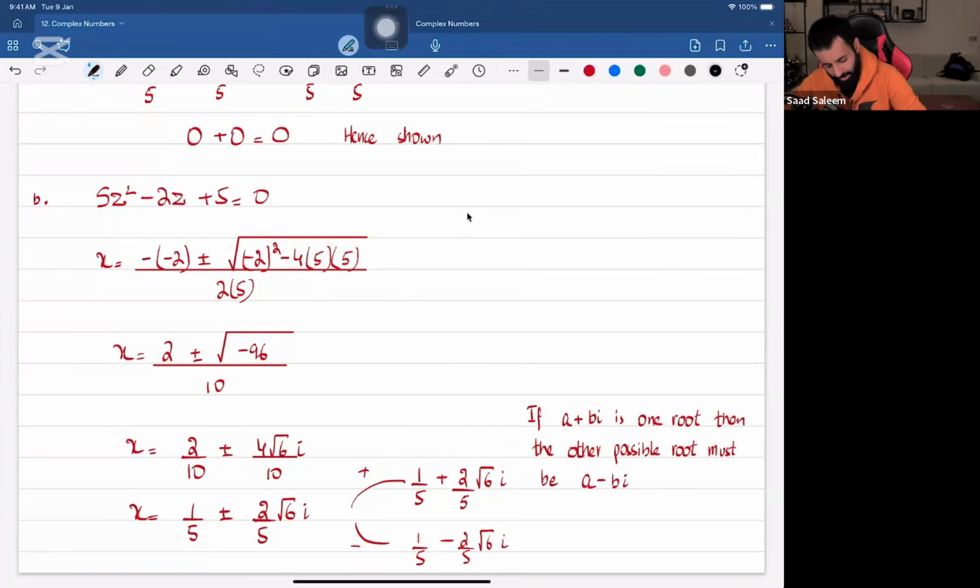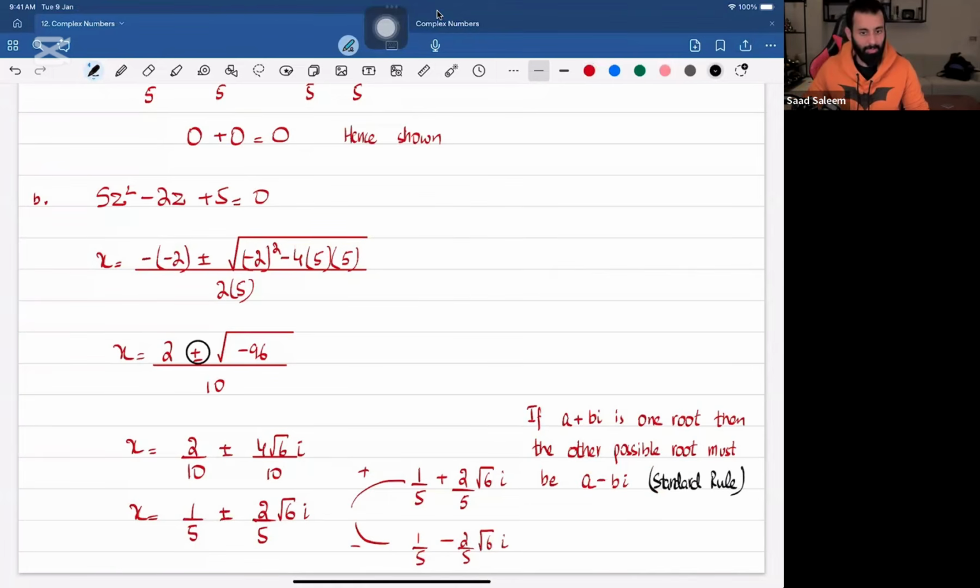This is because you're always taking plus minus square root. So this is a standard rule that you must remember.